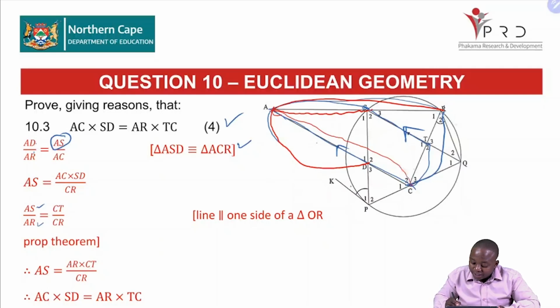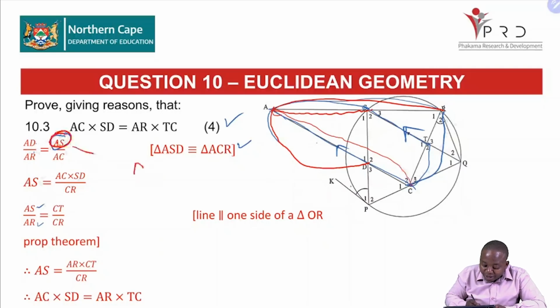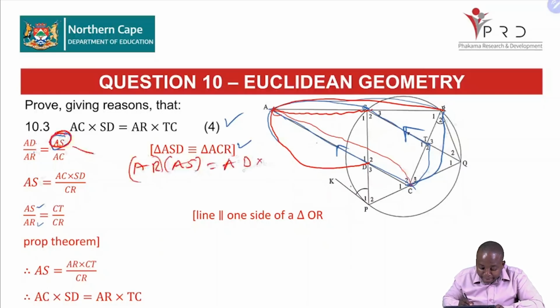Then, when we work with AS, we can make AS the subject of the formula. By cross multiplying, we're going to have AR times AS is equal to AD times AC. So that is what we are having in that case.